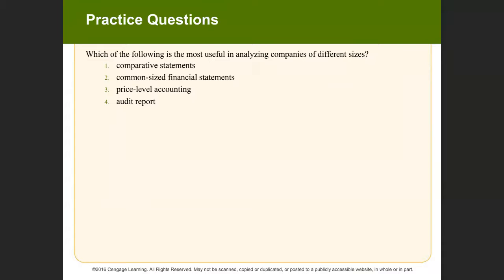And practice questions. Which of the following is the most useful in analyzing companies of different sizes? We're analyzing companies that are different sizes. We've got a small business and a big corporation, but they're in the same market.